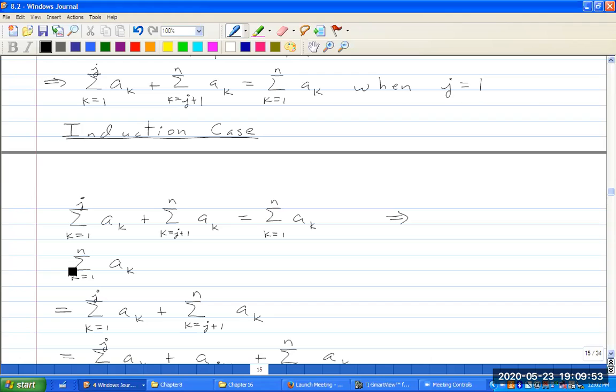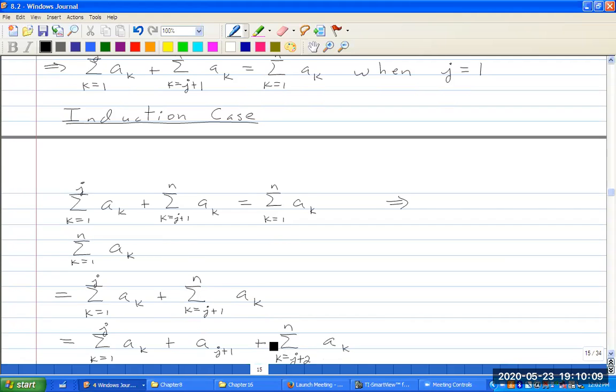Then the sum k equaling 1 to n of a sub k is the same as the sum k equaling 1 to j of a sub k plus the sum k equaling j plus 1 to n of a sub k by the induction hypothesis.